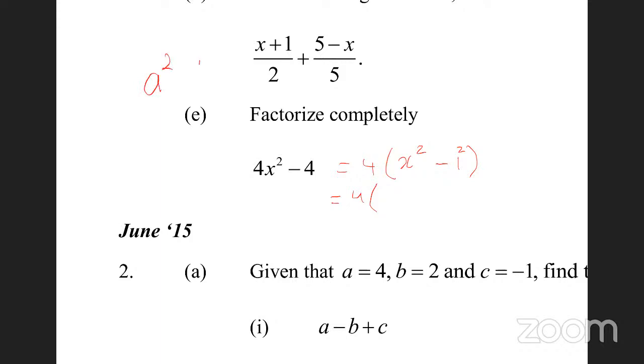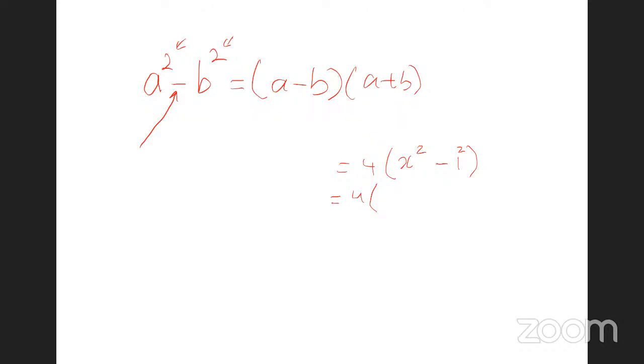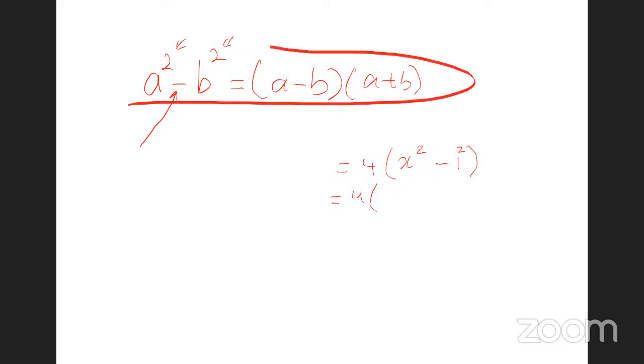If you have two terms, A squared minus B squared, you'll get A minus B by A plus B. That's called what? Difference of two squares. It's a rule. So once you see two terms squared and a minus sign in the middle, you could use this rule here. That's called difference of two squares.